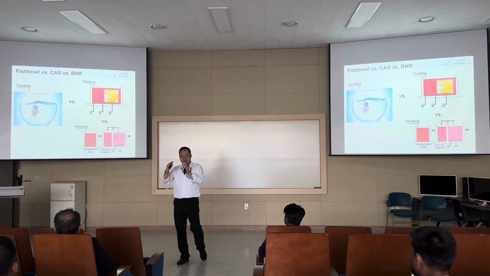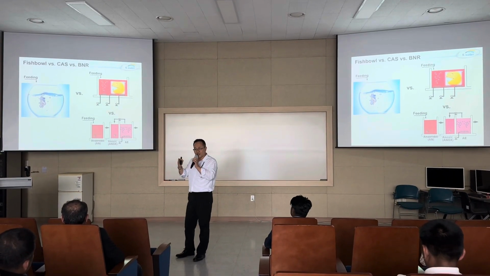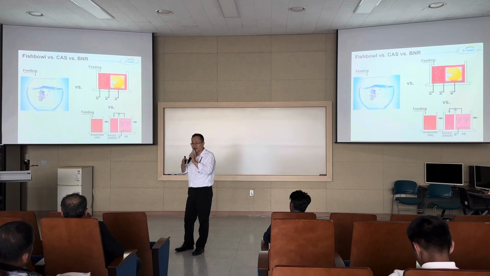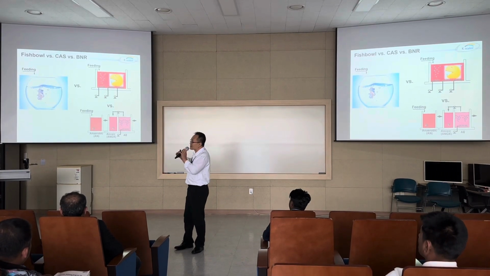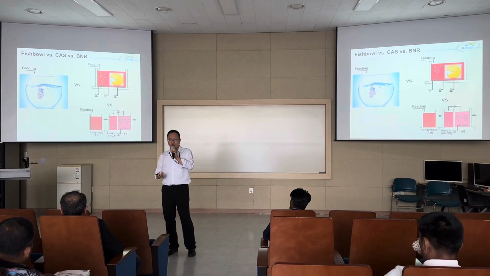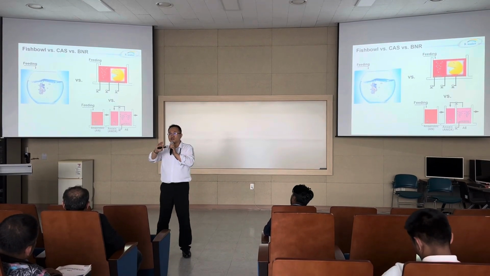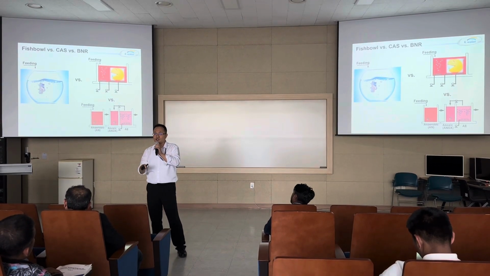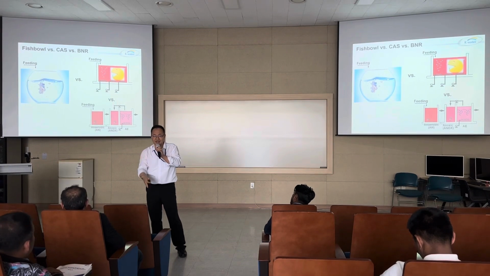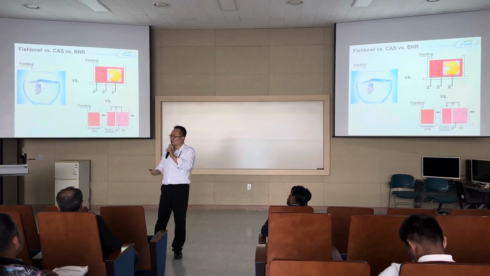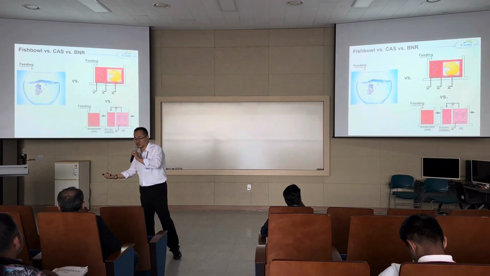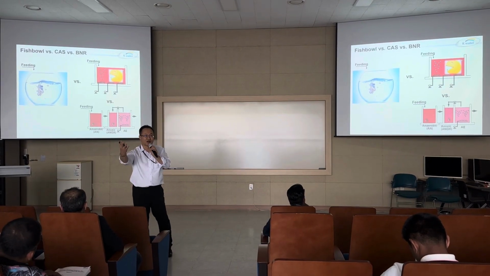We need your imagination. Actually, the conventional activated sludge process is very similar to rising fish in a fish bowl. Let's imagine there is a big fish bowl in front of your eyes, filled with water and containing fish, and we are supplying air.